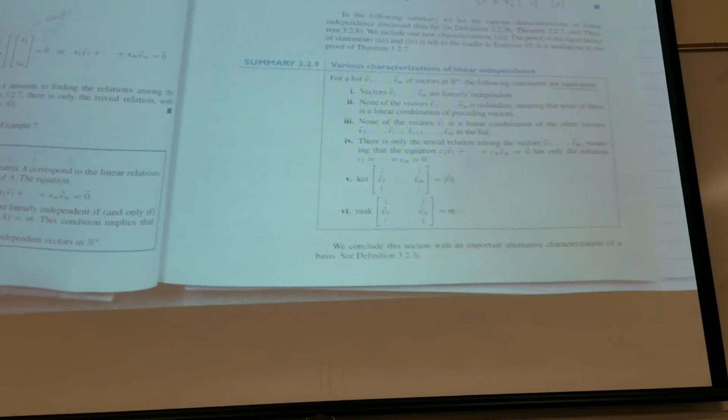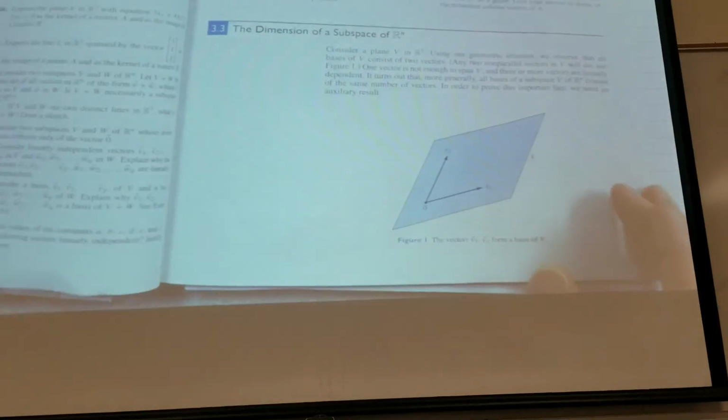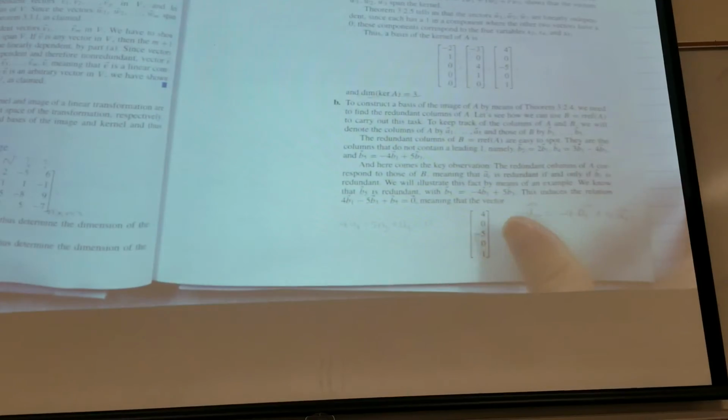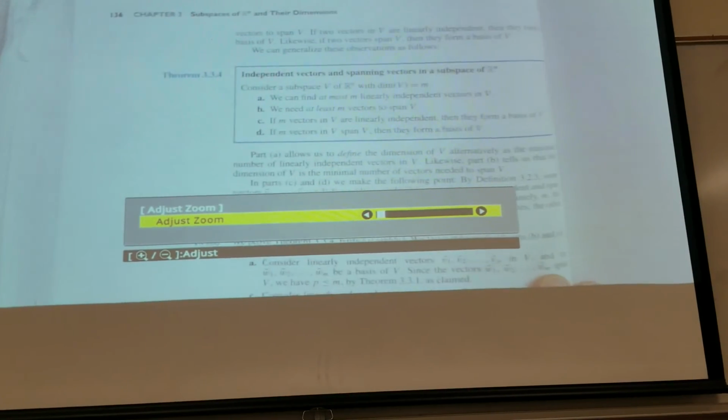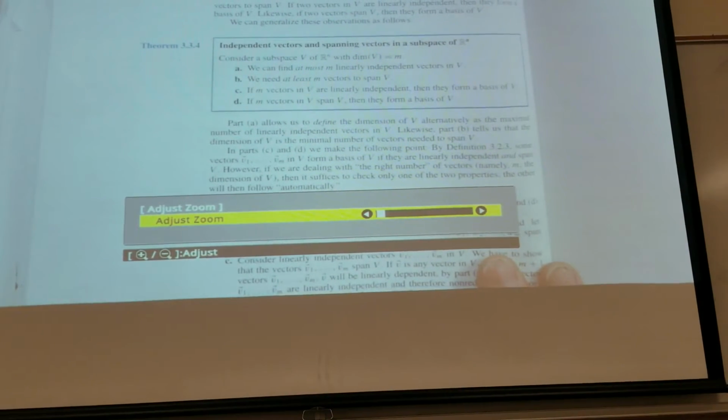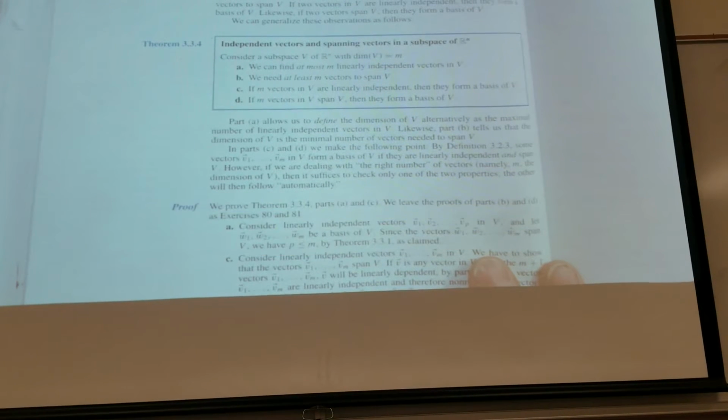Right? Okay. So now let's turn to the question of properties. So here in this theorem 3.3.4, we talk about independent vectors and spanning vectors in a subspace of Rn.